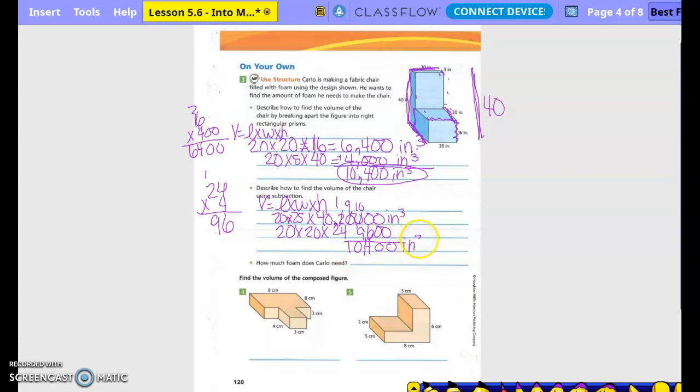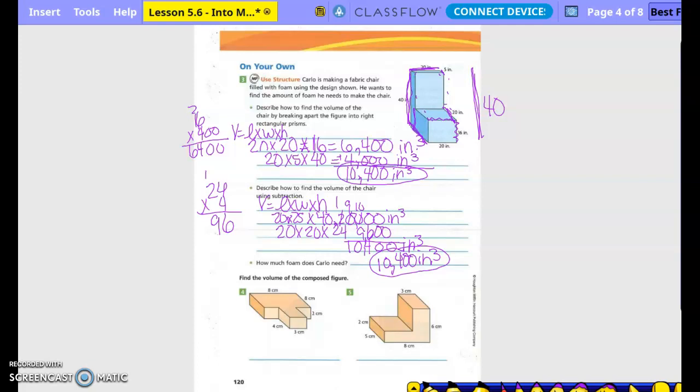Yeah. So 10,400 inches cubed. So like we stated before, you can either break it into 2 rectangular prisms and then add, or you can find the whole volume of one big block, and then subtract the empty space.